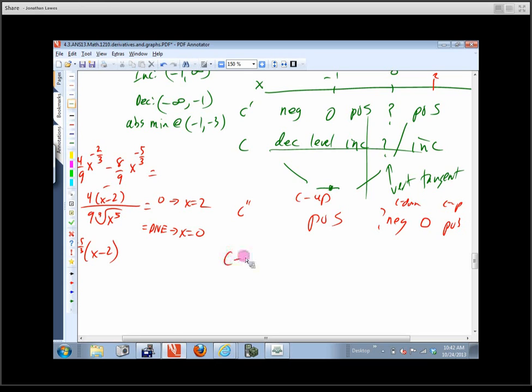So concave up, negative infinity all the way to 0, and then starting again at 2 and going to infinity. And concave down only between these 2 points right here where the second derivative didn't exist and where it equaled 0. So that's going to be from 0 to 2.